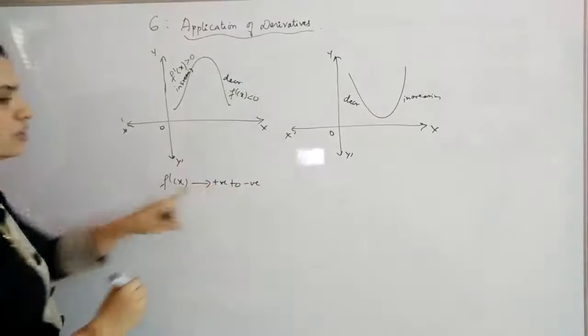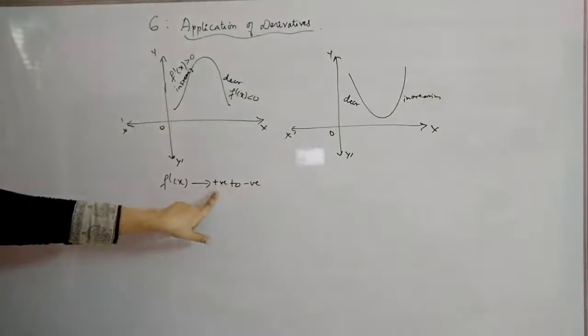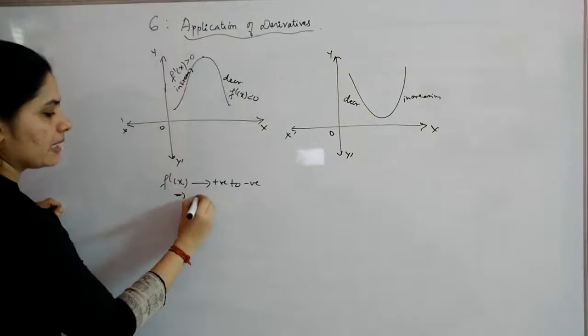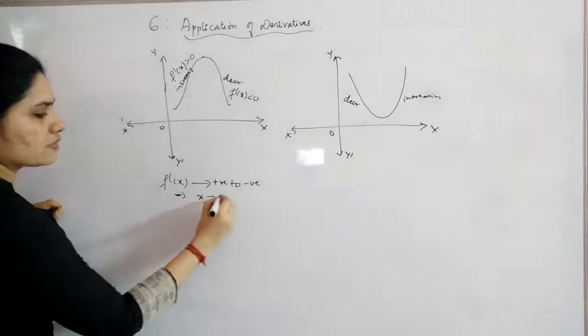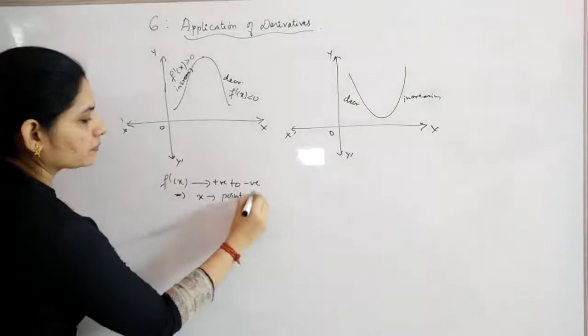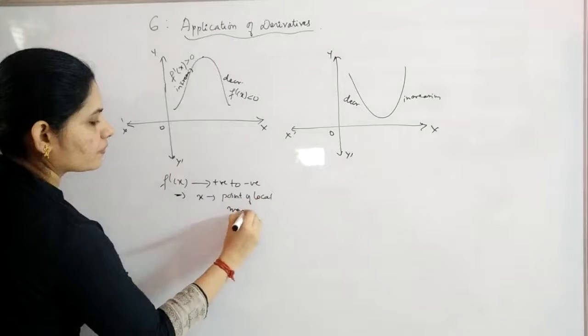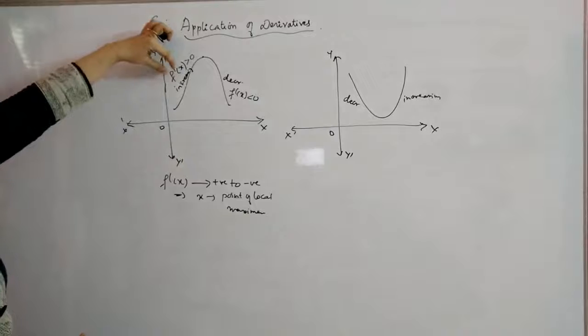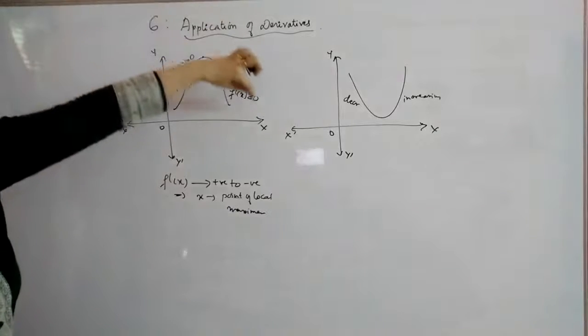Understood? Positive to negative. When it changes from positive to negative, you will get a maxima. That implies the point will be a point of local maxima.